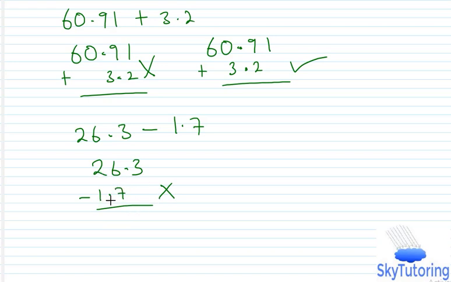You have the unit term under the tens term, and the tenth term under the unit term, which is completely wrong. The correct way of writing it will be 26.3 minus 1.7, with the decimal points aligned. This will be the right way of writing it.